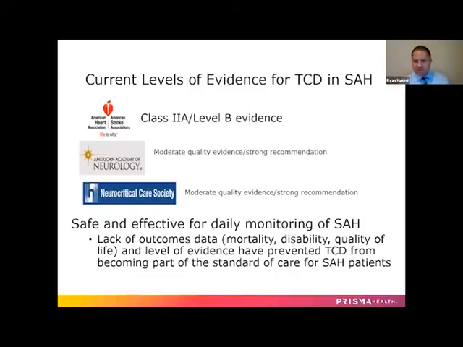However, lack of outcomes data is really the main limitation that has kept TCD from being part of standard of care. But recognize that the American Heart Association requires all comprehensive stroke centers to have TCD for subarachnoid hemorrhage monitoring.